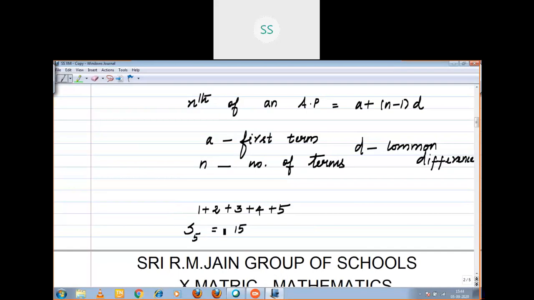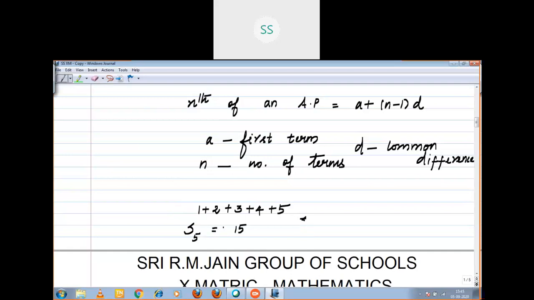S5, that is the Sn formula. You have to apply it. 1 plus 2, 3, 3 plus 3, 6, 6 plus 4, 10, 10 plus 5, 15. You can add it easily, the sum. Whether it is correct or not, you have to check using the formula, right?